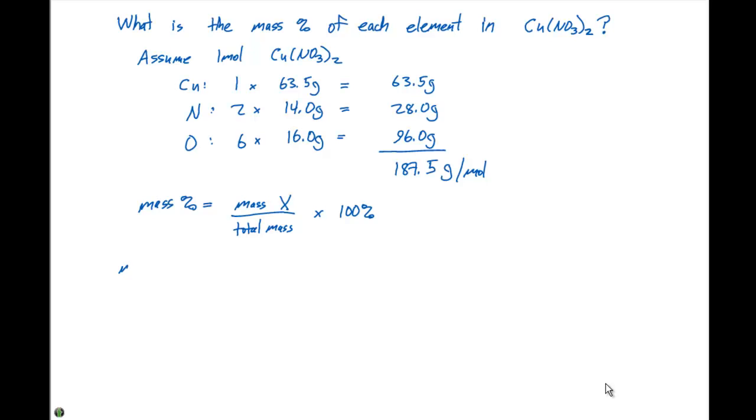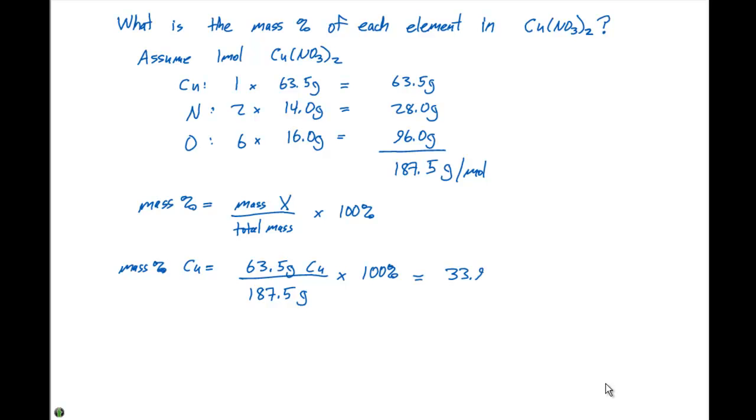So our mass percent of copper is going to equal 63.5 grams of copper divided by our total mass, which is 187.5 grams, times 100%.